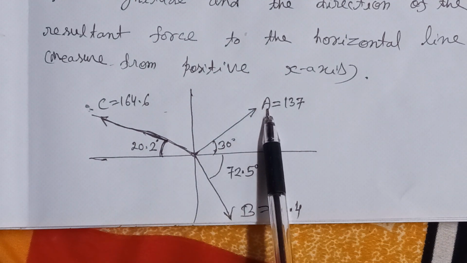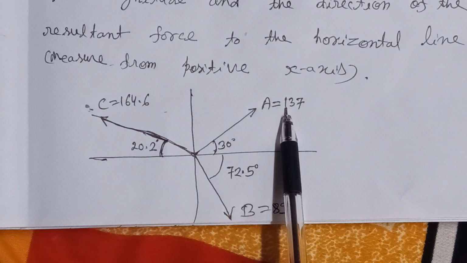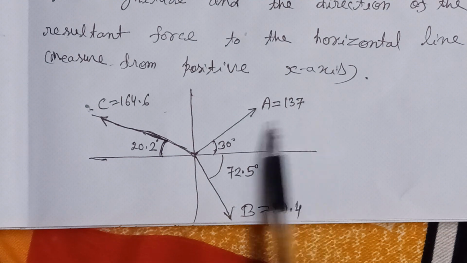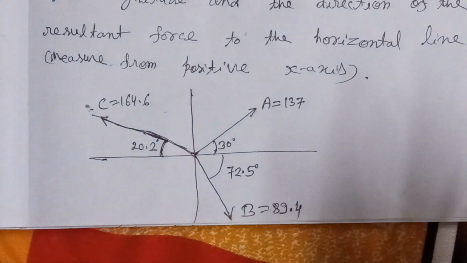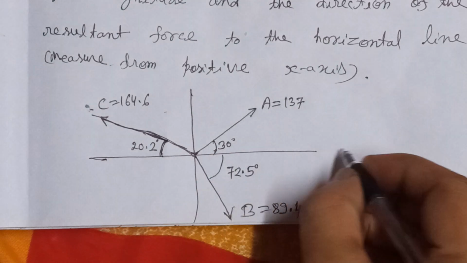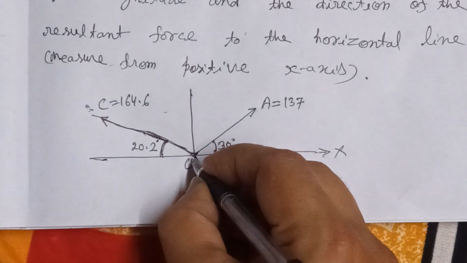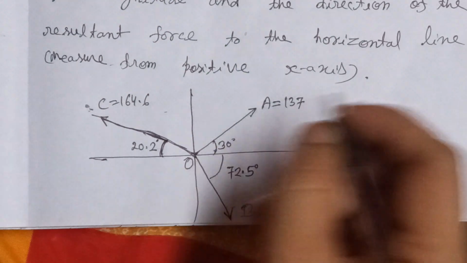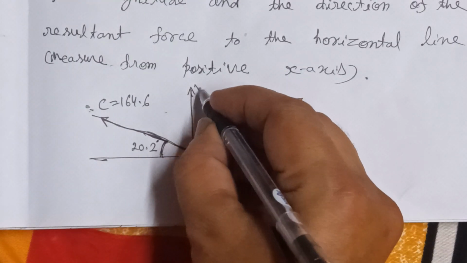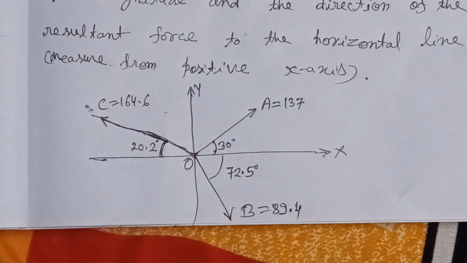The magnitude of force A is 137, and we consider this direction as the x-axis. So take this point as the origin and take this line as the y-axis.